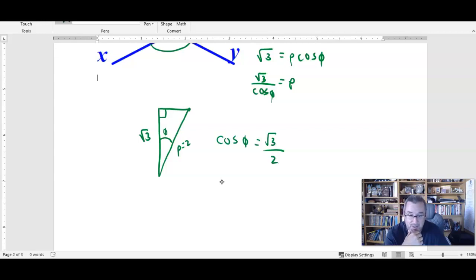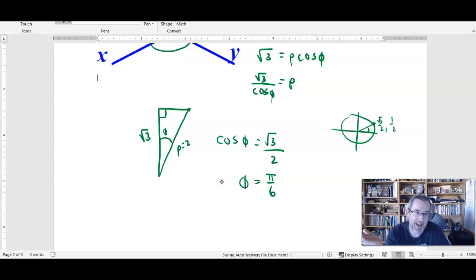I just had to know this one. I would have memorized the unit circle, and I know that the square root of 3 over 2 would have been this point over here, and that angle would have been a 30-degree angle, or a pi over 6 radian angle.